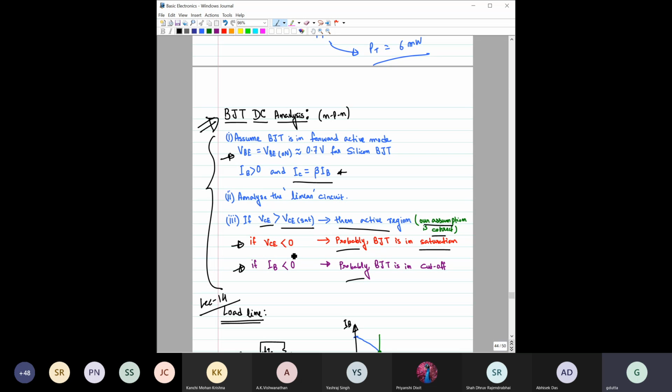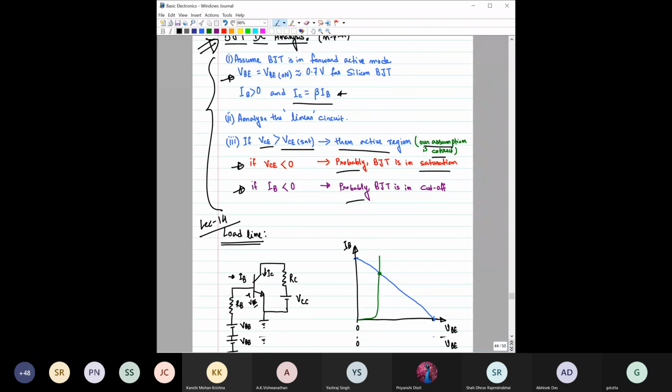But if we find that V_CE is less than 0.2 volt, then we have to see that the transistor is operating in the saturation region, and we consider the saturation region and find the other voltage drops. If IB is less than 0, then the transistor would be in the cutoff region. Right. So this is the basic thing that we discussed in the last class.